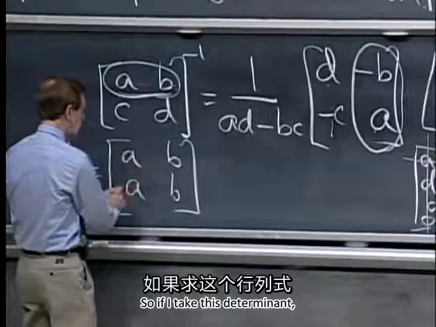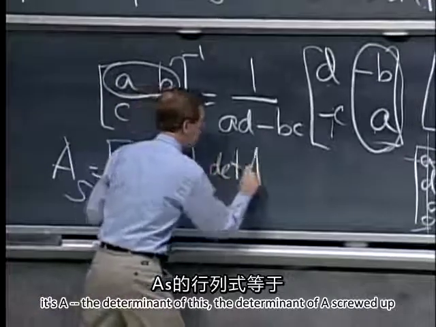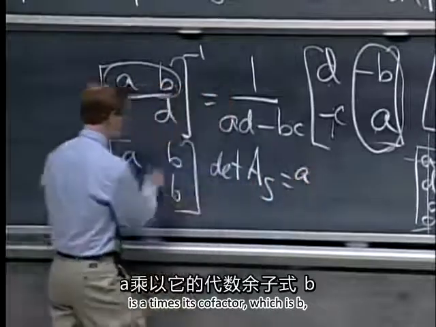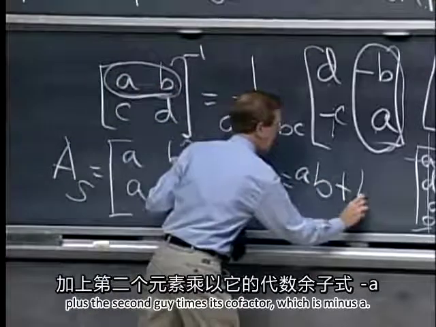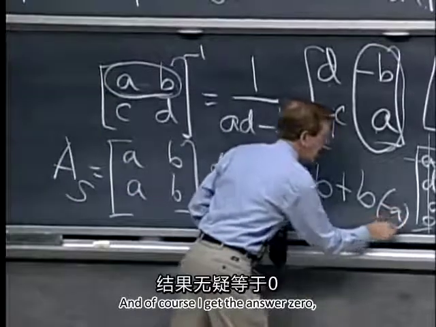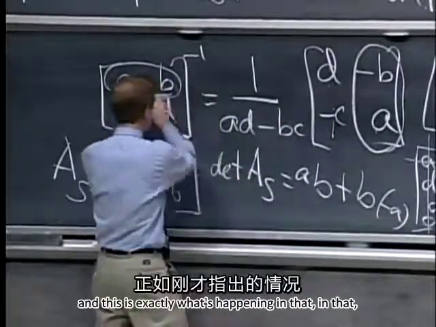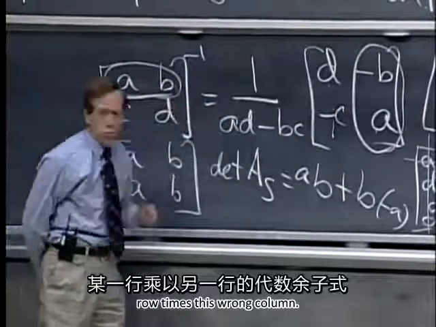So the determinant of A screwed up is A times B plus the second entry times minus A, and of course I get the answer 0. This is exactly what's happening in that row times this wrong column.